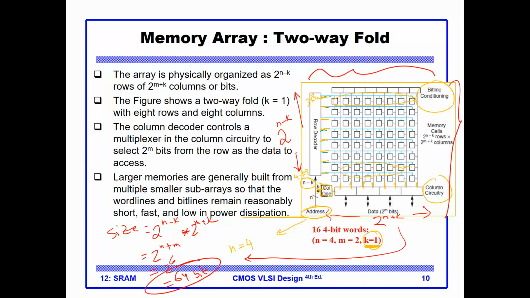So this is the structure. Now the question is, how do I choose this k factor? And the answer is, this k is chosen so that you will have as close to a square structure as possible, given different values of n and m.